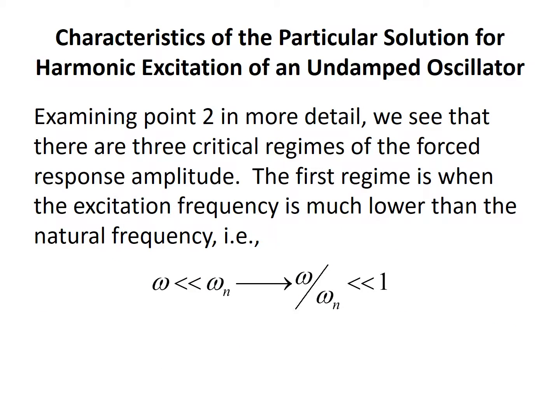So if we look at this in more detail, we'll note that there's really three regimes that are of importance. The first regime is when the excitation frequency is much lower than the natural frequency. So if omega is much less than omega sub n, then the ratio of omega over omega sub n is much less than 1.